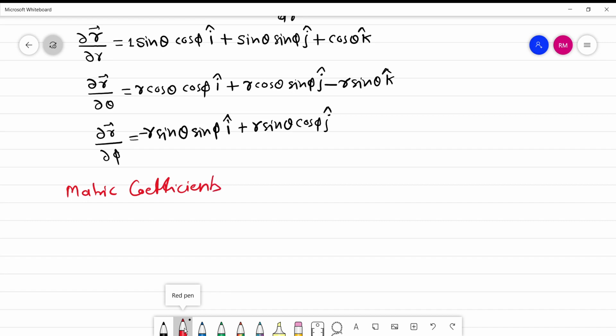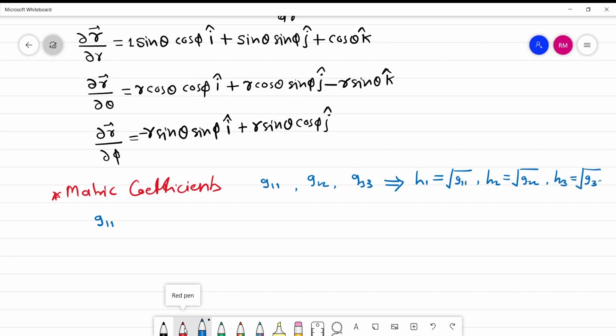Okay, so metric coefficients, what we know is this, that G11, G22 and G33 are metric coefficients, and if you want to obtain the scale factor from these metric coefficients, then you can write H1 is equal to root of G11, H2 is equal to root of G22, and H3 is equal to root of G33, right?